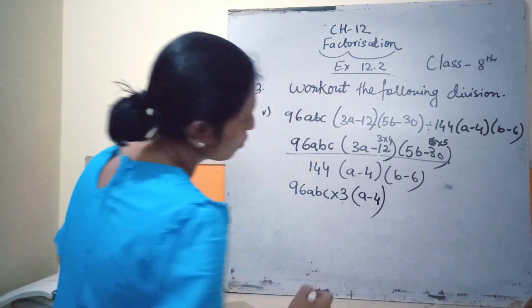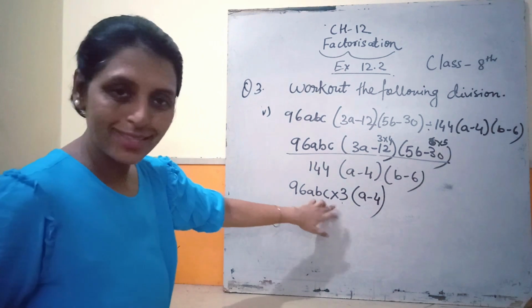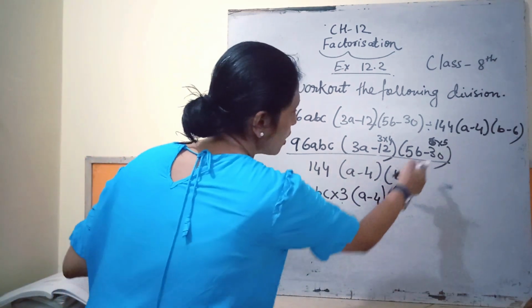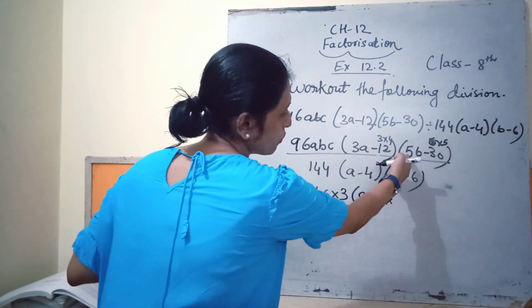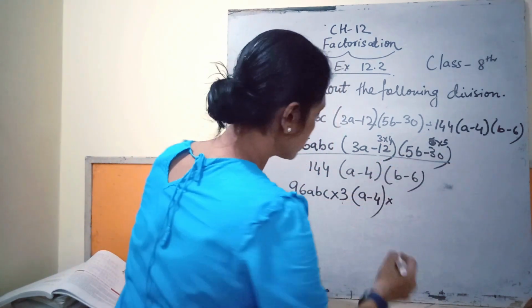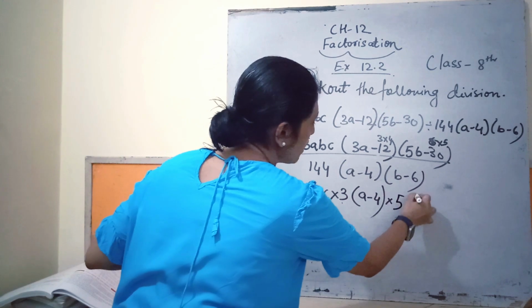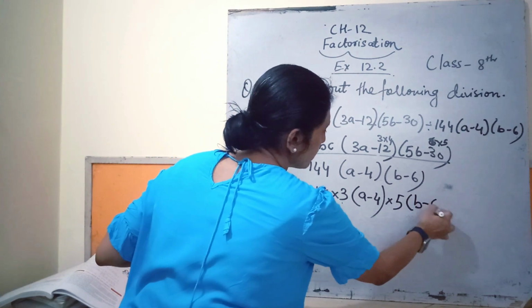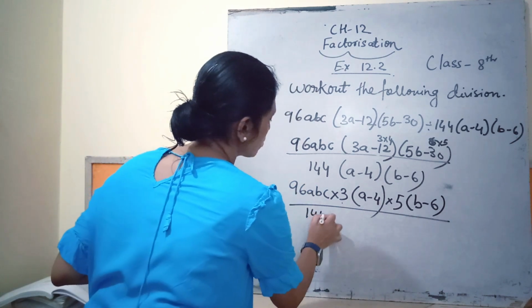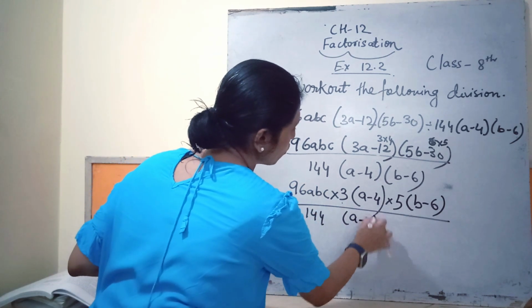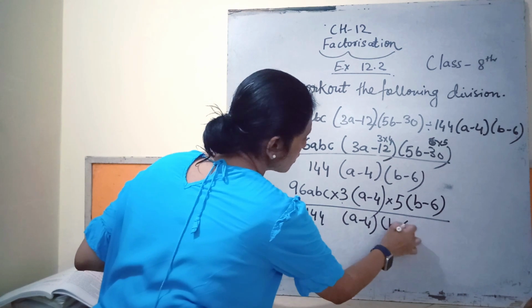Similarly, 30 can be written as 6 into 5, so 5 is common to both the terms, and we are left with b minus 6, upon 144(a minus 4)(b minus 6).